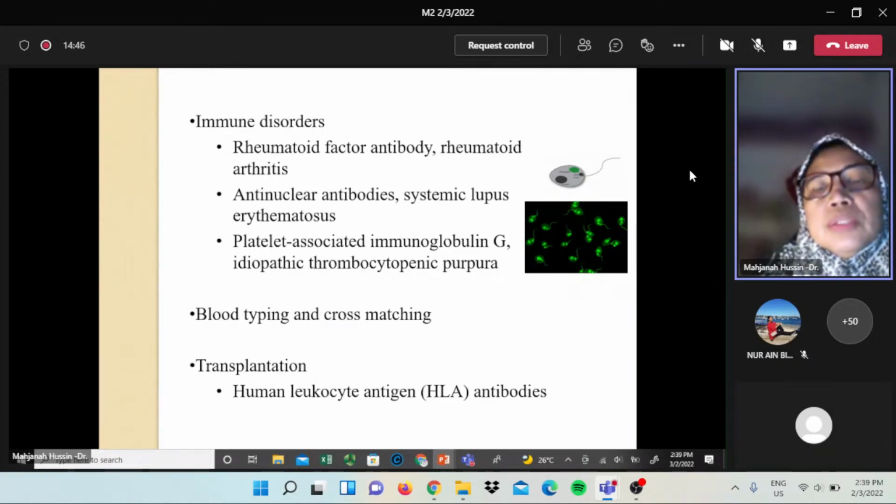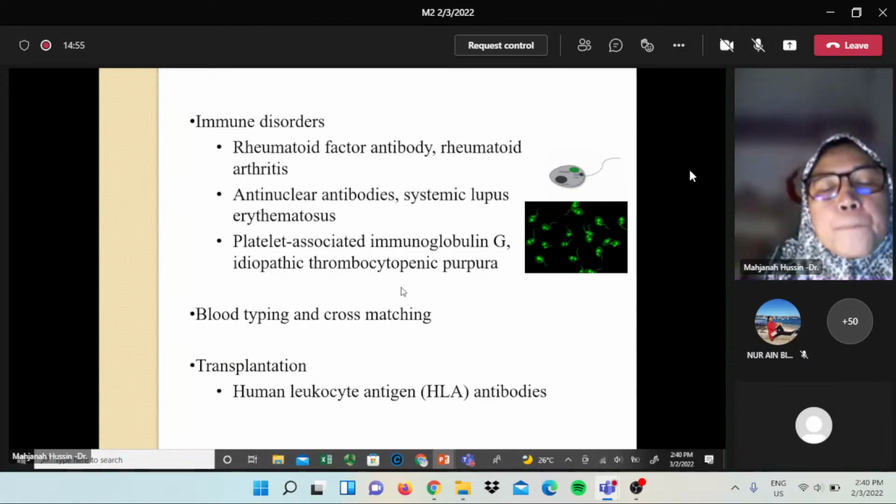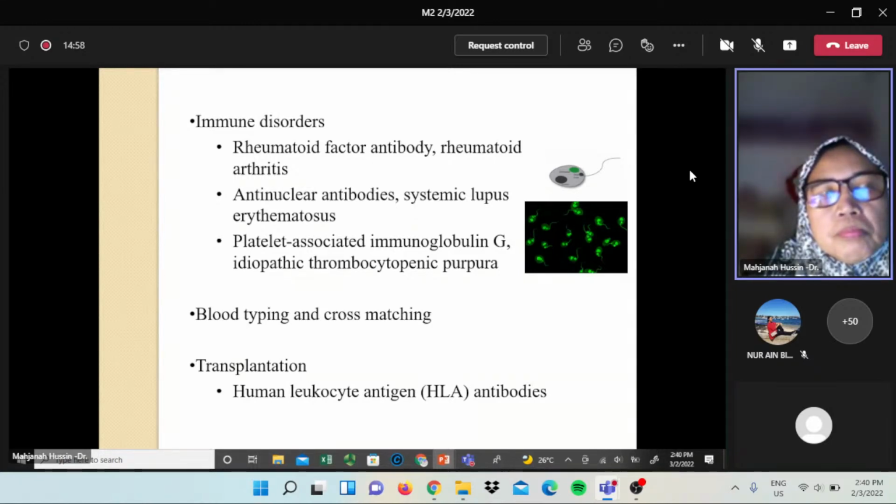In transplantation, we have learned that we need to match the antibody and antigen, or else it will be treated as a foreign organ. It will be attacked, so the transplantation will fail, and not only will it damage or reject the organ, it can also have a fatal side effect to the recipient.